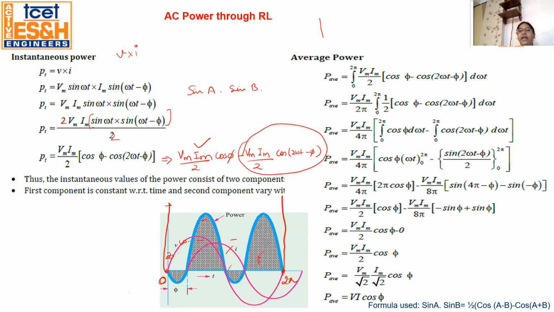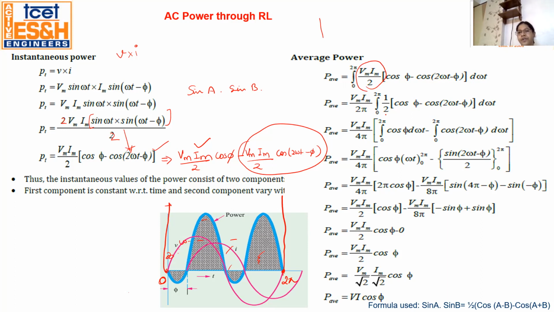So from 0 to 2 pi, Vm Im divided by 2, and we take the formula directly from here because after solving this we will get this only: cos phi minus cos 2 omega t minus phi, d omega t. This is the instantaneous power we take here. Now this term Vm Im by 2 is constant, so we take it out.